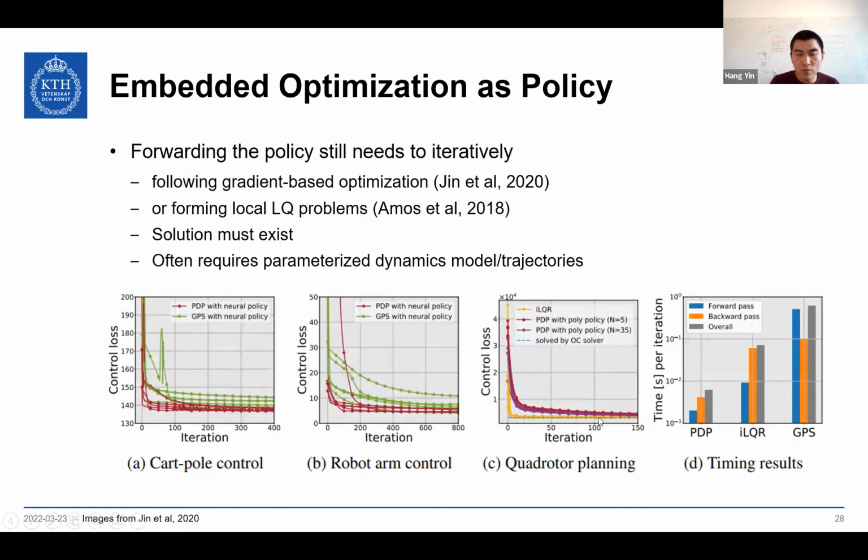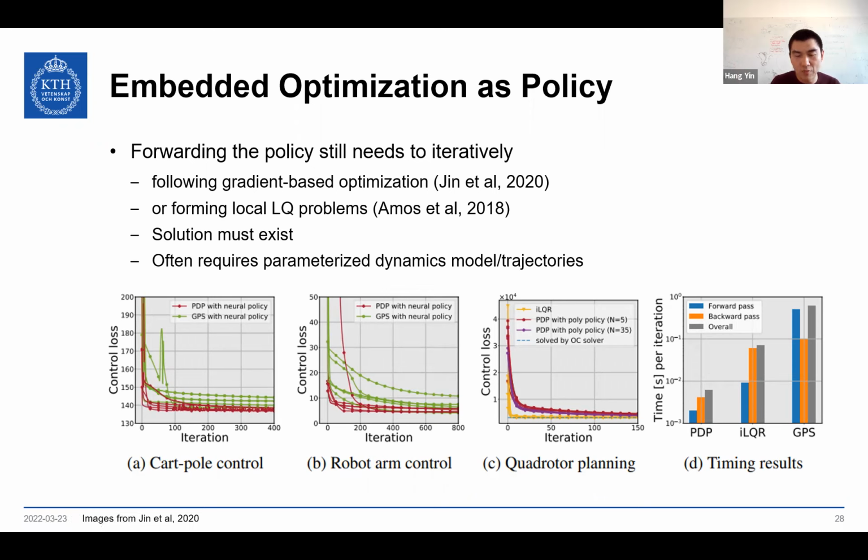And people do show that this is a very powerful idea, that you can use this optimization for learning problems a little bit more than toy problems. And they clearly show that for the backward pass, they can have significant gains over the traditional method that relies on automatic differentiation.